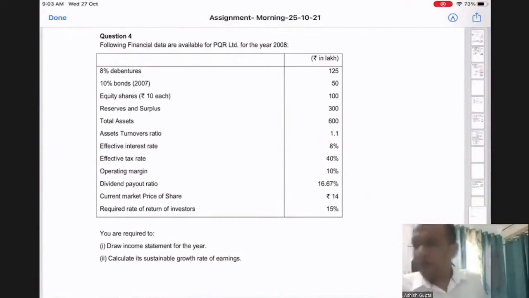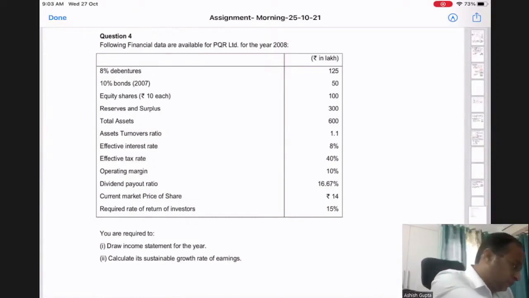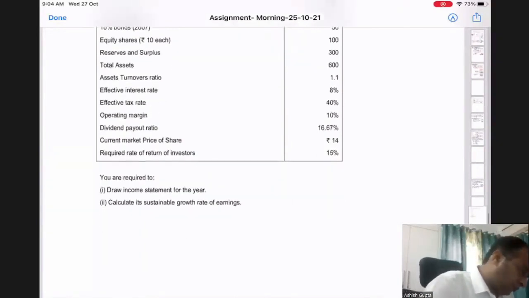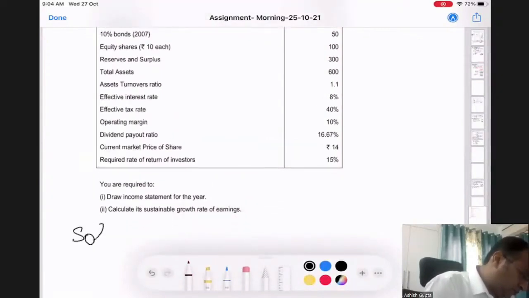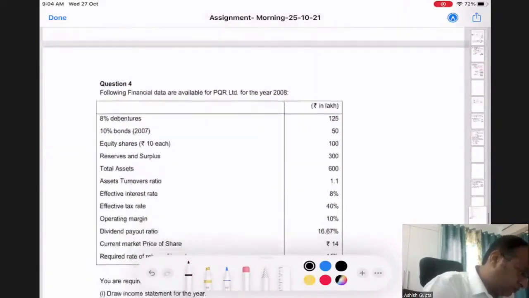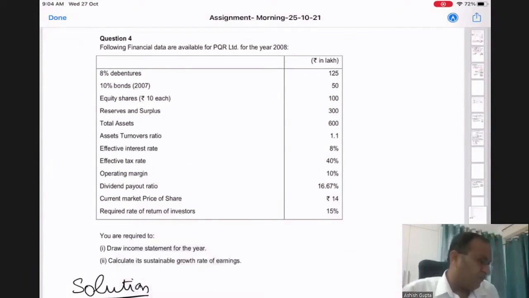Please read the question carefully. The question says that the following financial data are available for PKWR Limited for the year 2008.